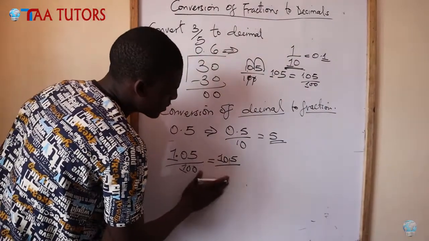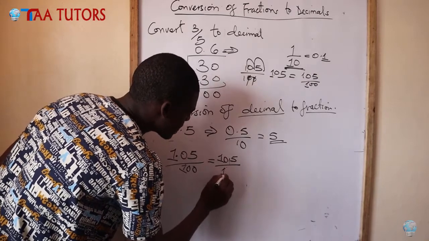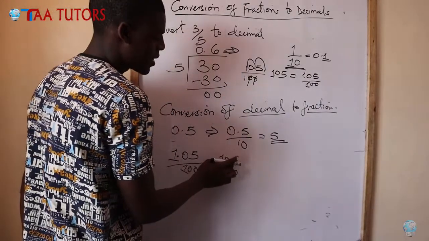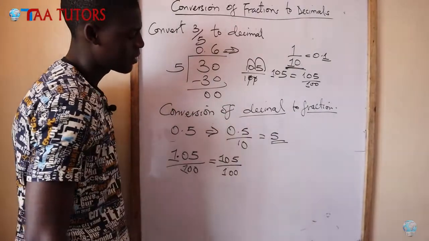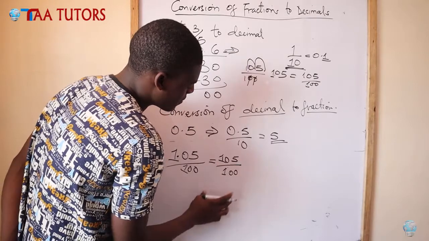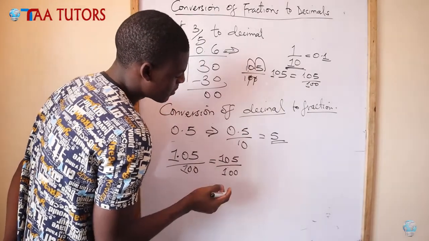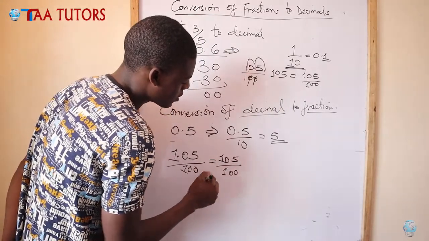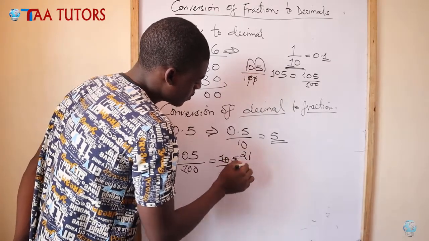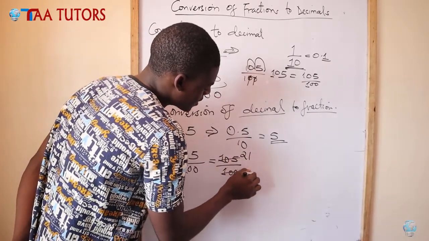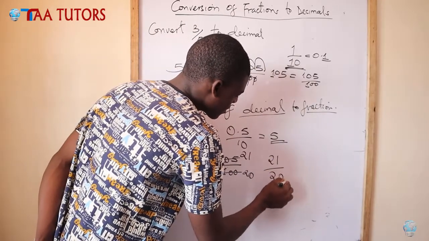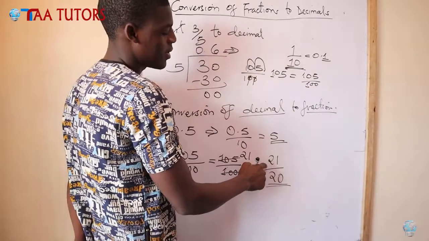So when we have 105 divided by 100, we can decide to leave it this way, but that is not appropriate. You may go further to simplify. We had done simplification of fractions, so here you can do it. When we divide through by 5, we are getting 21 on top and 20 as the denominator. When we have 21 over 20, I said this one is an improper fraction.